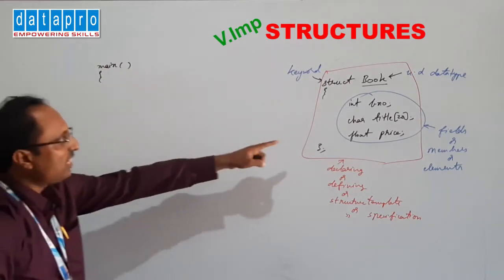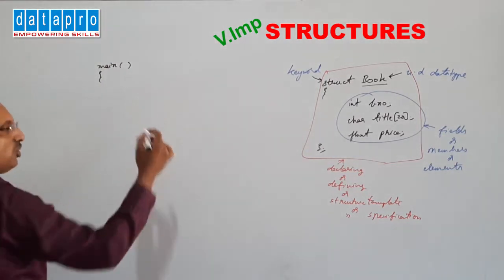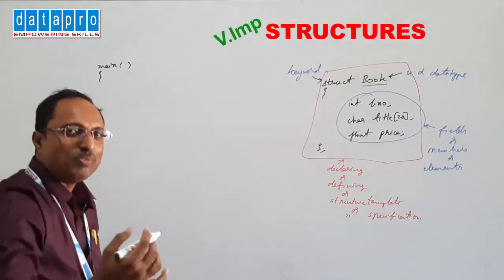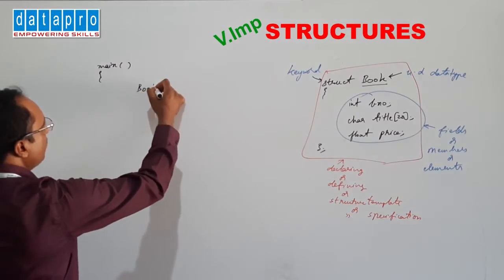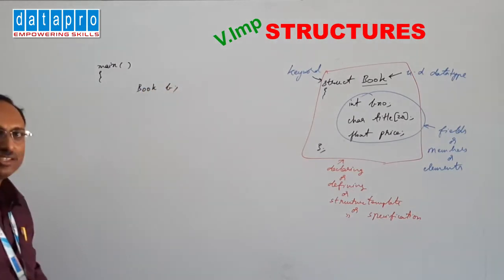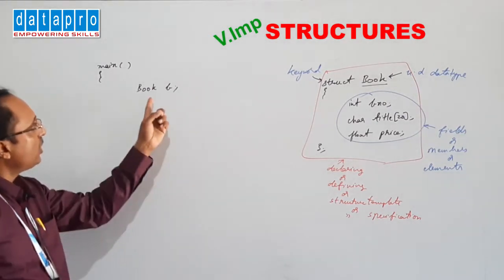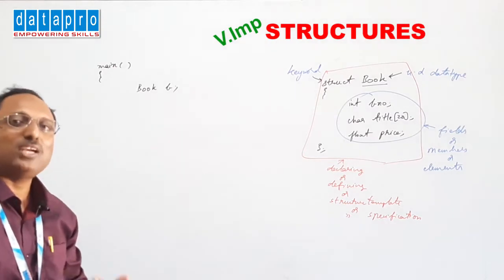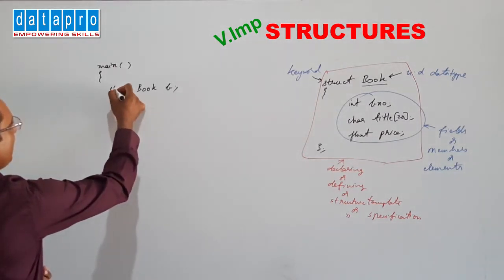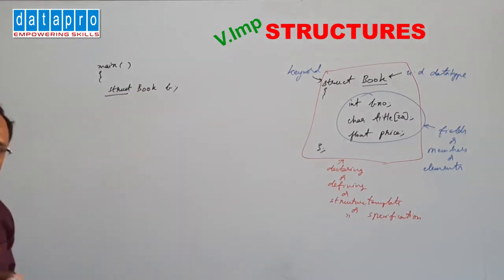So first we have to declare the structure, then we have to write the main function. To declare an integer, we say int x. Similarly, to declare a book type of variable, we have to say book, some variable say b. But this is not okay, because book is not a primitive data type, it is a user defined data type, or it is a structure type of data type. So you have to mention the struct keyword, only then it works.